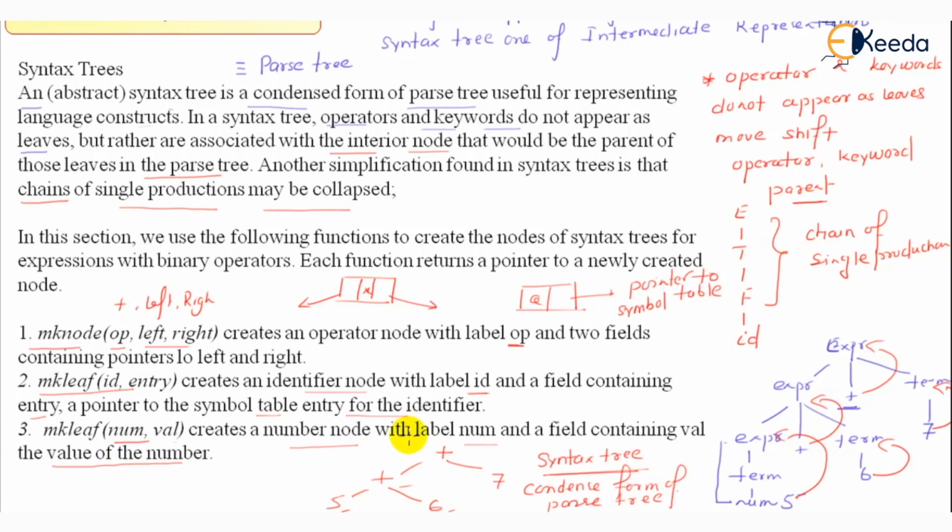So I can create 5, 6, 7, or a, b, c. These are very simple functions, and now we'll use them to create the syntax tree.